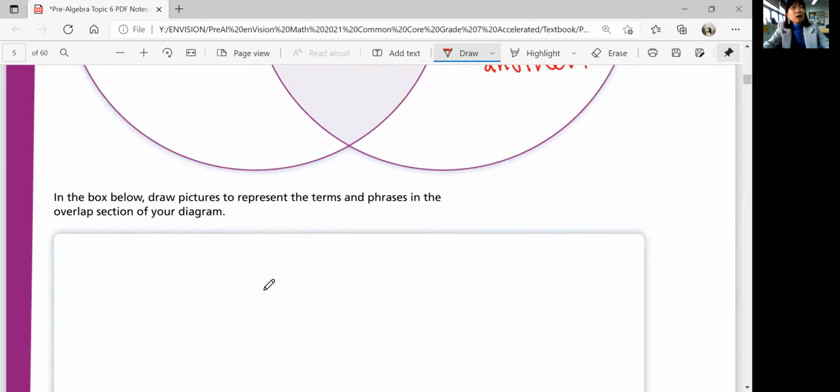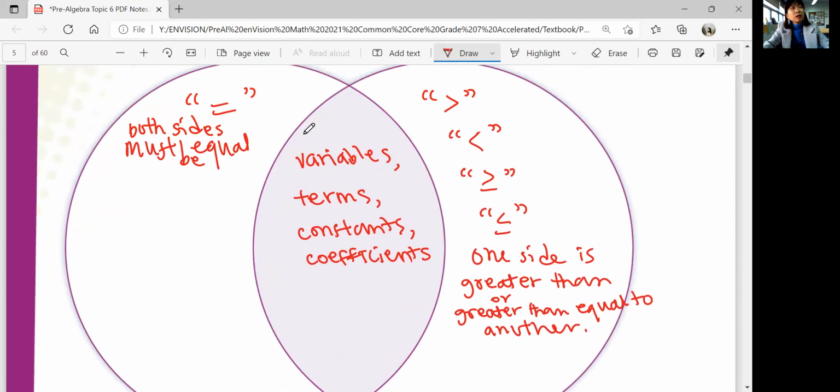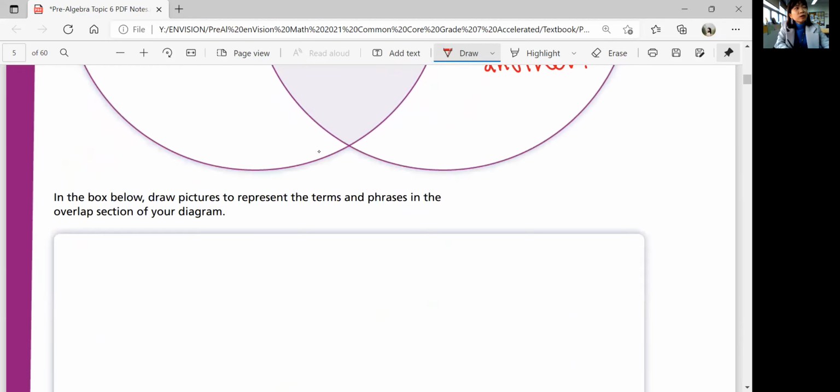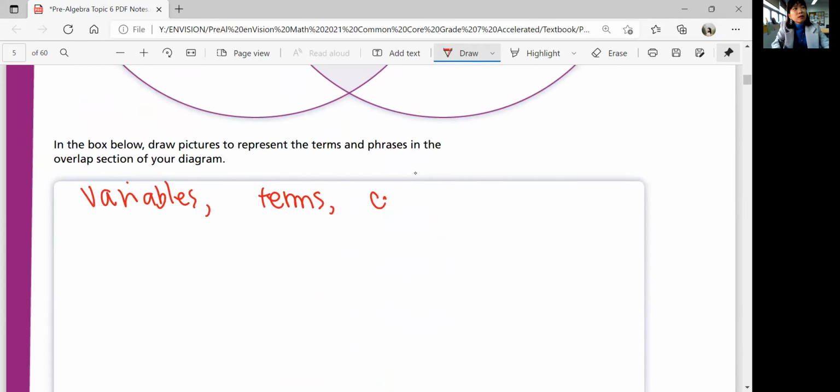In the box below, draw pictures to represent the terms and phrases in the overlap section of your diagram. Can you draw a picture for the variables? Terms. What else do we have? Constants, coefficients.